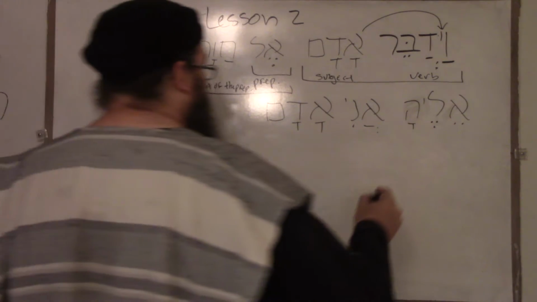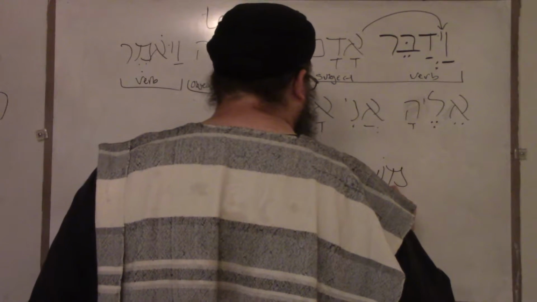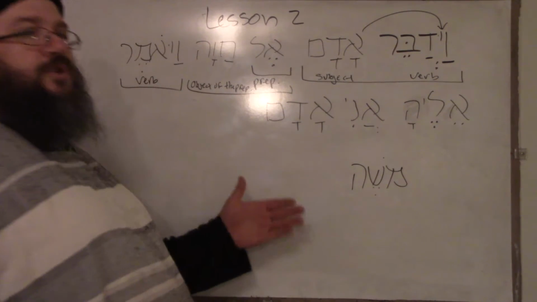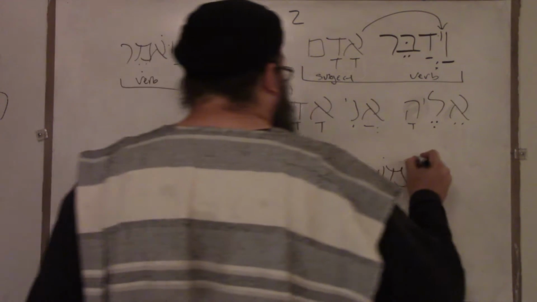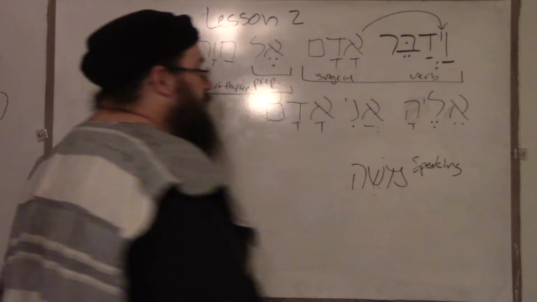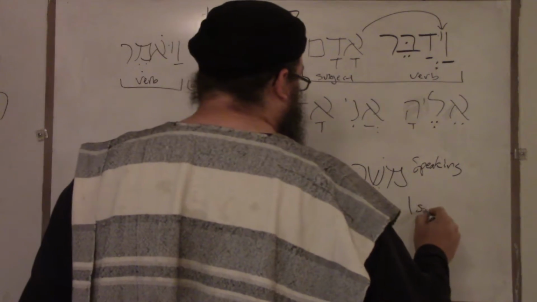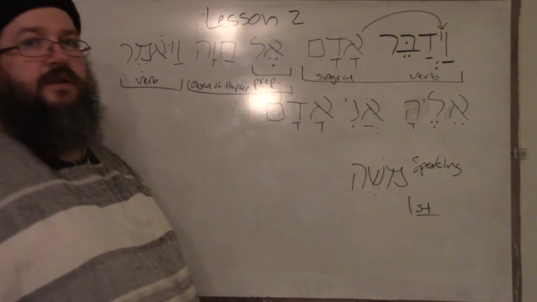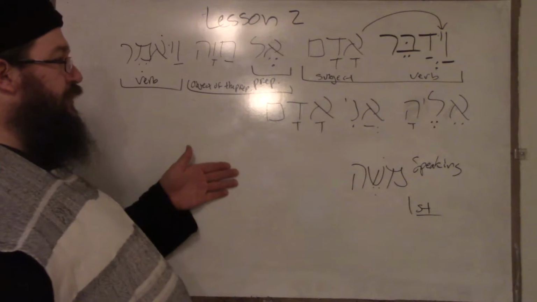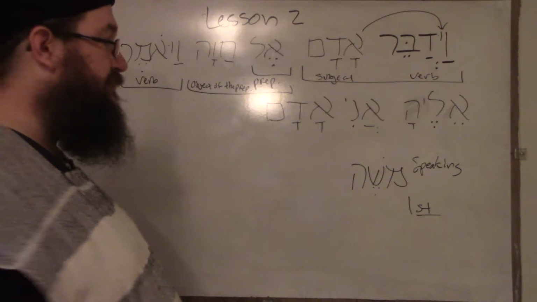If Moshe, let's say for example, is the one speaking, when he wants to refer to himself, he will use the first person, okay? He has to, right? When he wants to refer to someone else, he has two options.